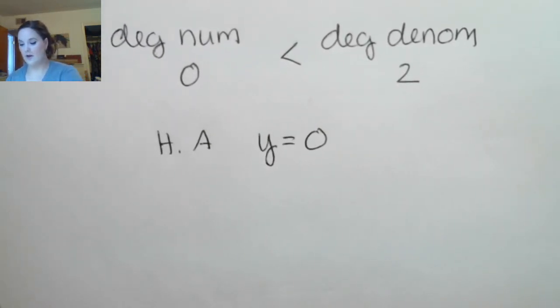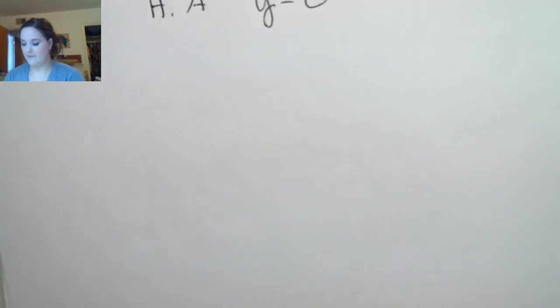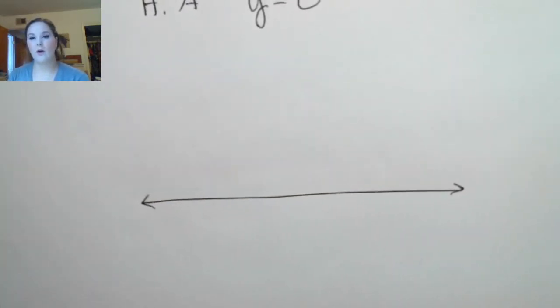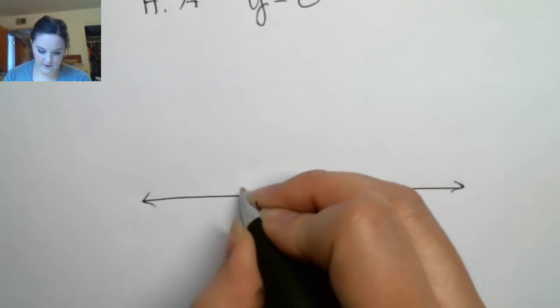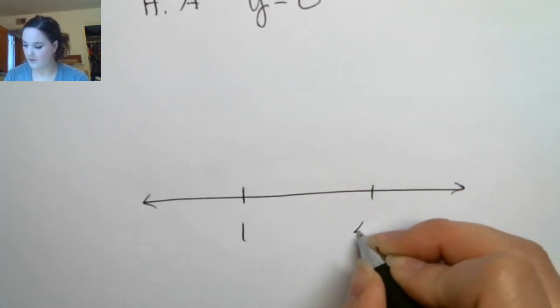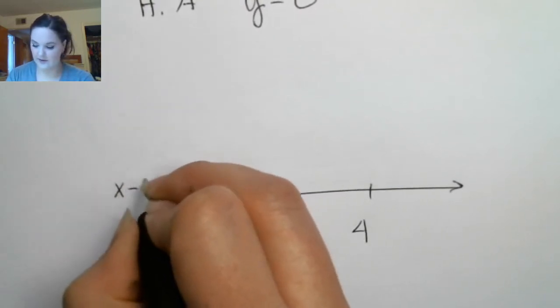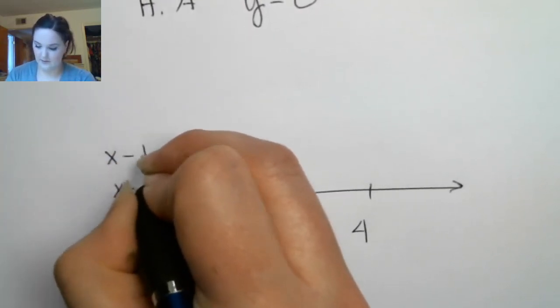Okay, and then I'm going to make my sign chart. So you're going to include all the x values that are roots of both the denominator and the numerator, just like we did before. So here we'll have 1 and 4. Then we're going to list all of our factors: x minus 4, x minus 1, and 2.